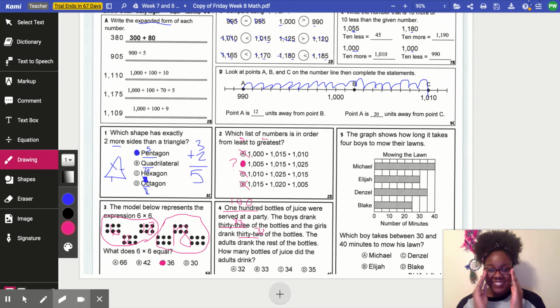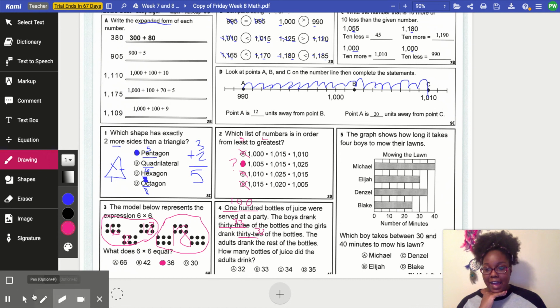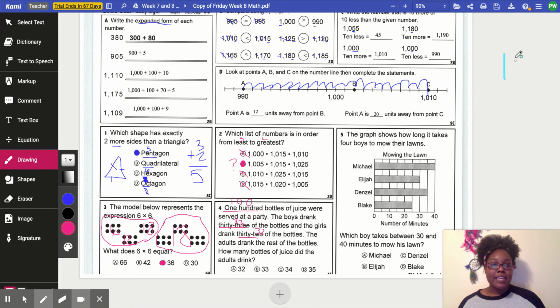Sorry about that. So I know that I start out and I have 100 bottles of juice total. I know I can't get any more than 100. And then I know that the boys drank 33 and the girls drank 32.